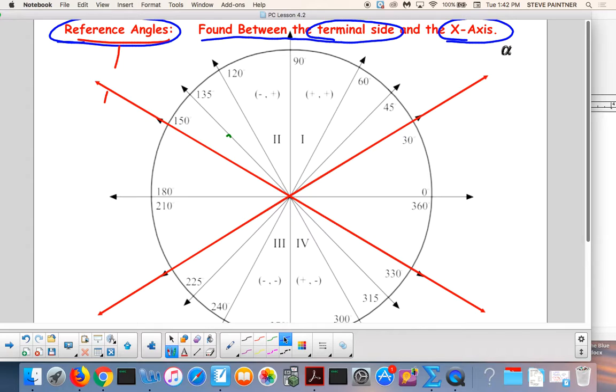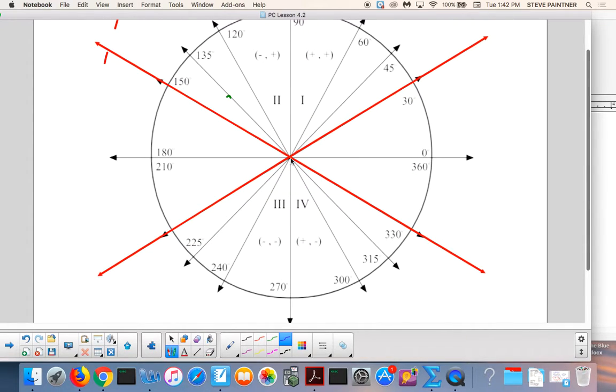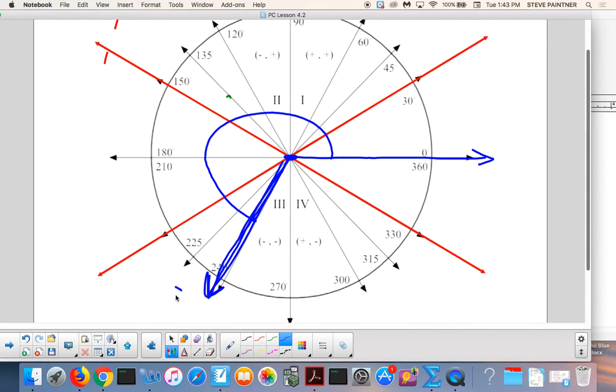I'm sorry. 240 starts here, goes all the way to 180. How much more do I go? Looks like about that far. That is a 240. Got it?